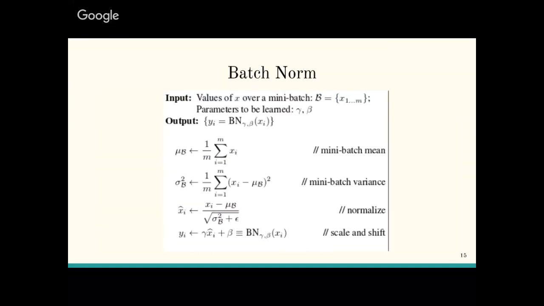Sorry, why do they add the error term when normalizing? Normalizing is done basically by subtracting the mean and dividing by the standard deviation. You mean in the third formula? Yeah, why are they adding the error term in the denominator? So as not to divide by zero, I think so.